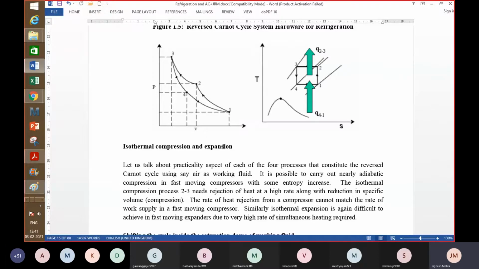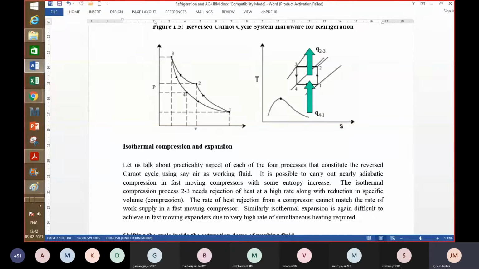If you again remember what you learned in thermodynamics, you talked about various control volumes and the steady flow energy equation, applied to various components like compressor and turbine. And it was told that the heat exchange of the system with the surroundings can be neglected, and the process may be assumed to be adiabatic when you are dealing with a compressor and turbine. The reason for that is that the flow rates are very high. The flow of enthalpy is very high.